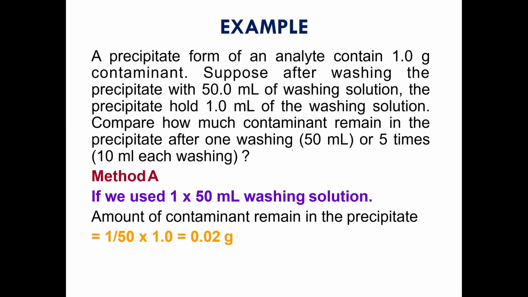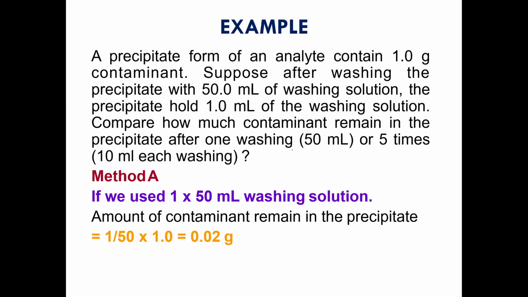By method A, using 50 ml washing solution once, the amount of contaminant remaining in the precipitate is 0.02. Method B is washing with 10 ml five times, still a total of 50 ml.